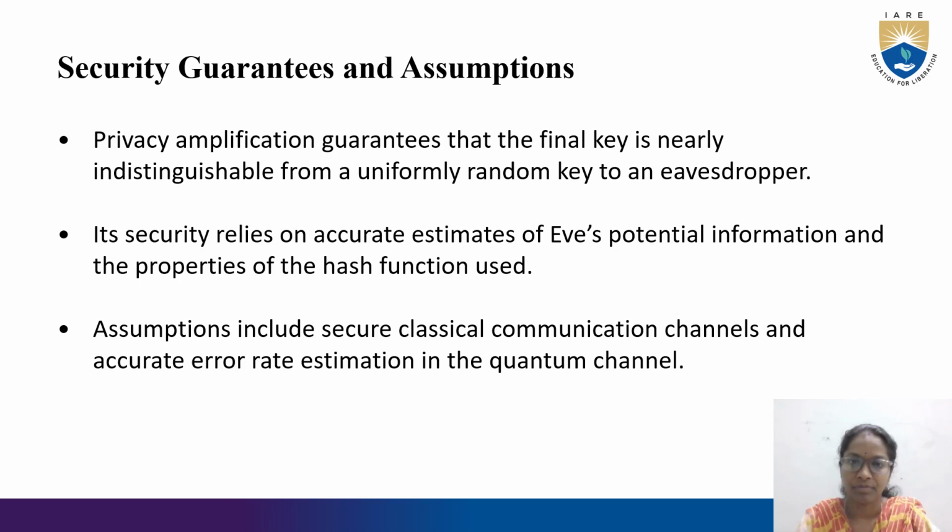It guarantees that the final key is nearly indistinguishable from a uniform random key to the eavesdropper. Its security depends on accurate estimation of Eve's potential information and the properties of the hash function used. The assumptions include an authenticated classical communication channel and accurate error rate estimation in the quantum channel.